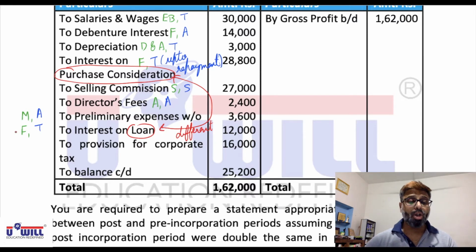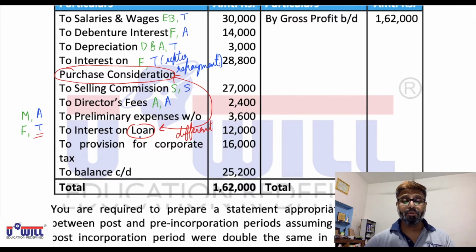So this will go on normal time basis from April to March, which we do in working note 1. I repeat: interest on purchase consideration is to be paid till the date of repayment. This interest on loan is a normal loan borrowed by the old business, so it will be from April to March and allocated on normal time basis, as per working note 1.